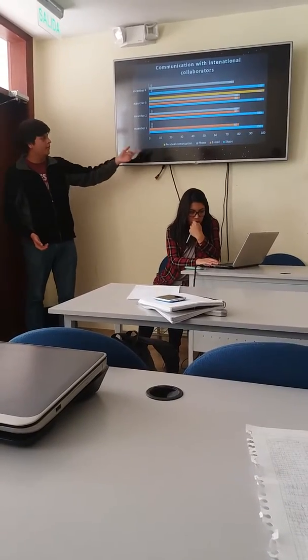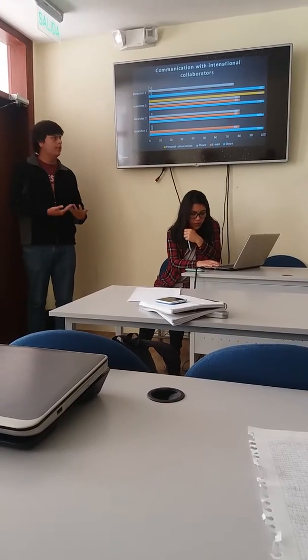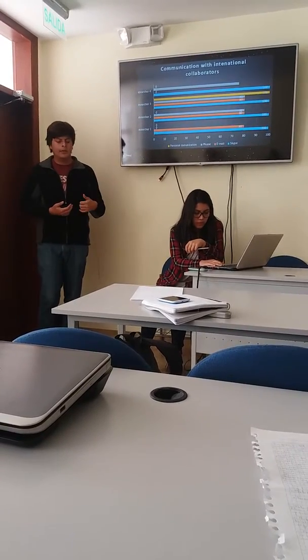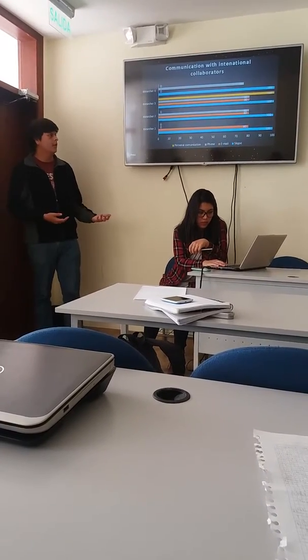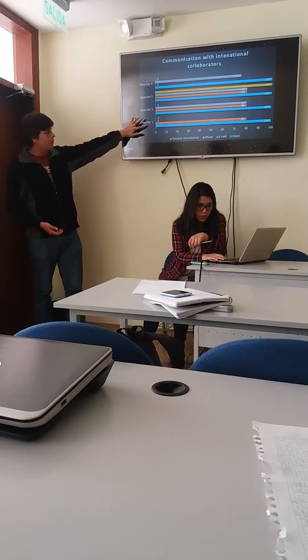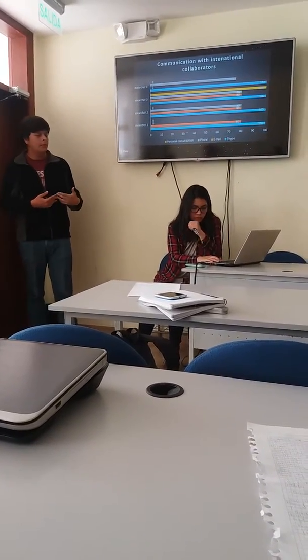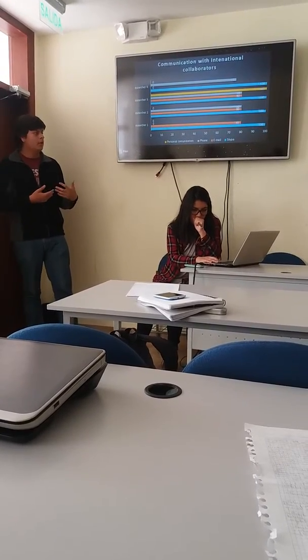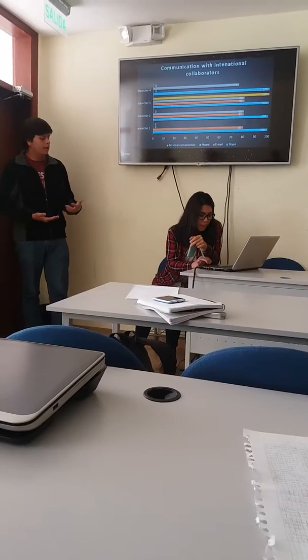For the next part, the phone, researchers 4, 3, and 2 preferred to use their phone to directly contact their international collaborator, although it's a bit more expensive than other methods. And researchers 3, 2, and 1 also prefer to use email, because even though it's a bit slower, you can still ask and clarify information.